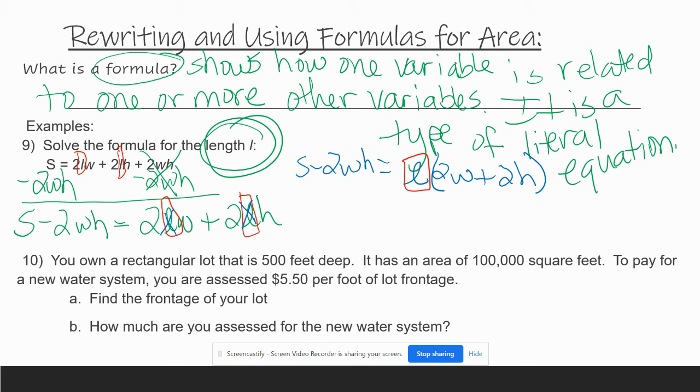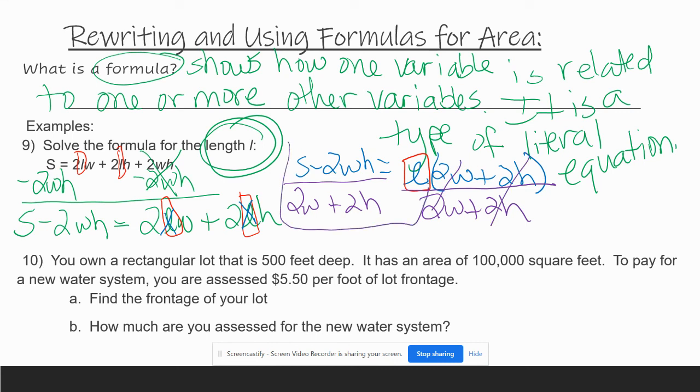Again, L is what we're trying to get alone. It's cemented down. So the opposite of multiplying L by this whole 2W plus 2H is to divide by that whole thing on both sides. So this reduces to 1, and our final answer is S minus 2WH all over 2W plus 2H is equal to L.